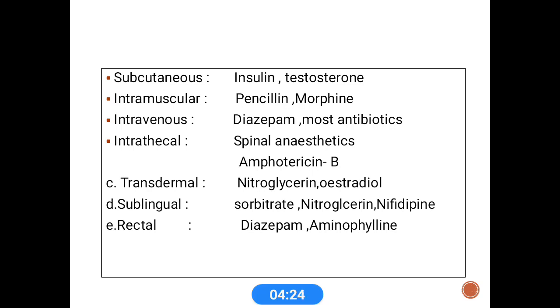Here drugs are administered through transdermal patches, and through these patches drugs are slowly released through our skin. Sublingual: drugs are administered beneath the tongue. What are the best examples? Sorbitrate, nitroglycerin, and nifedipine. Rectal administration: these drugs are inserted into the rectum. Mostly diazepam and aminophylline are the best examples.